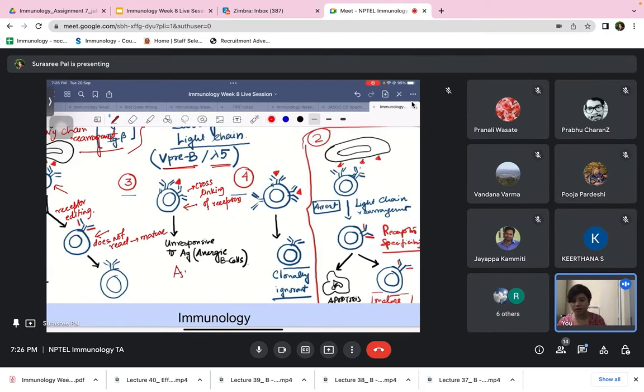Anergy happens when the immature B cell reacts to any soluble self antigen, which is why these cells cannot interact with antigens anymore. So they enter into this state of anergy, right?